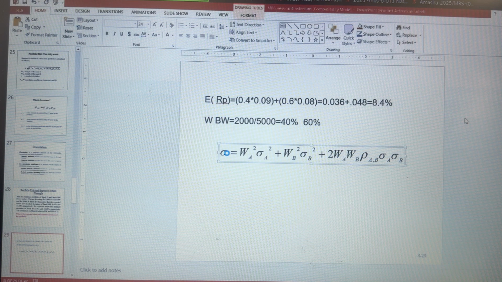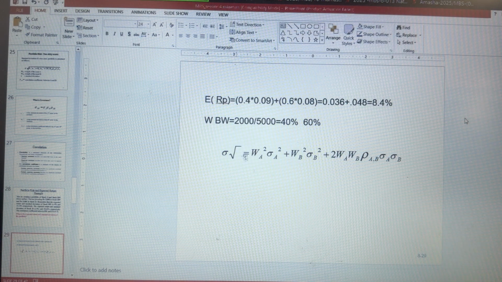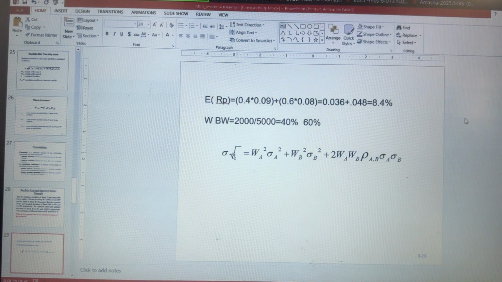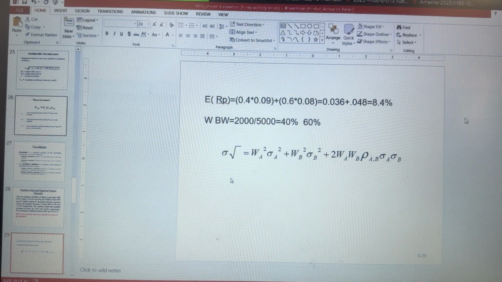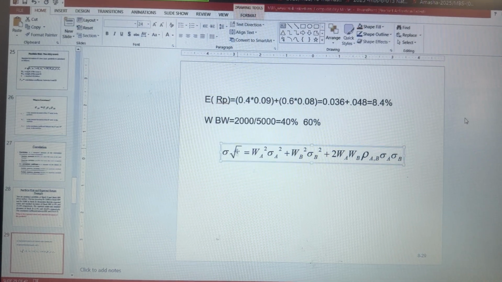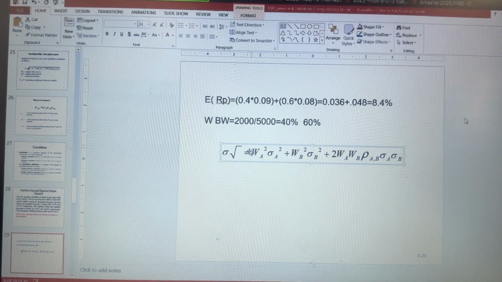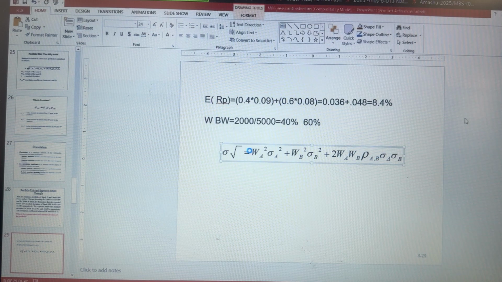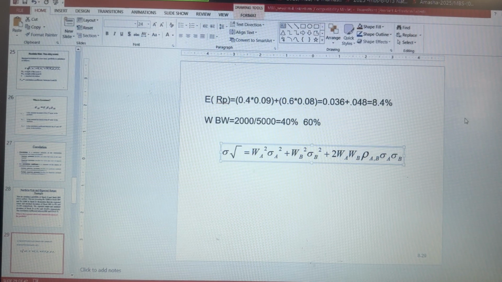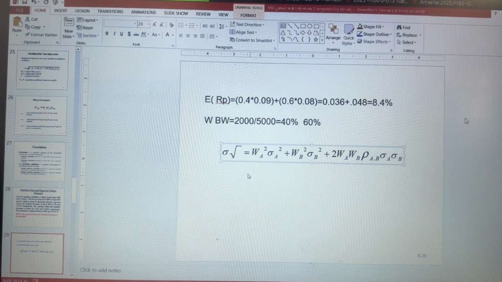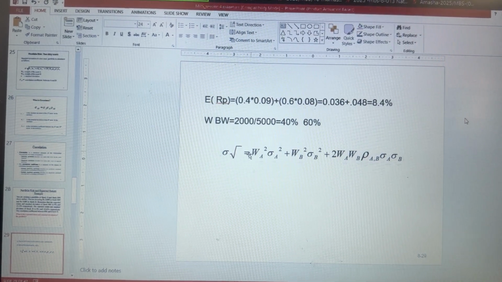So you need to take the portfolio standard deviation. This is the portfolio standard deviation we need to calculate now.